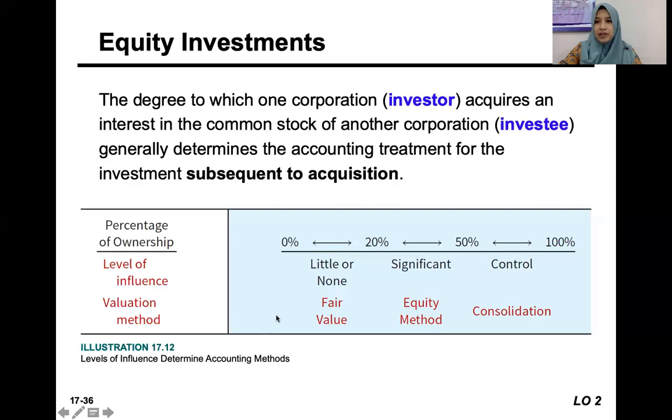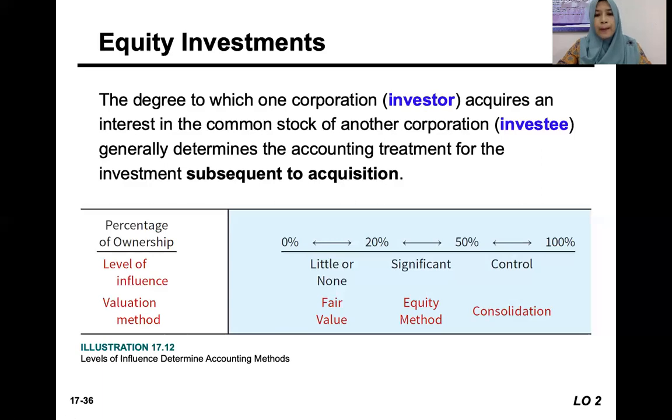So with 0 until 20% ownership interest, where we have little influence on decision making in that company, we have to value that investment after the purchase transaction using the fair value method.